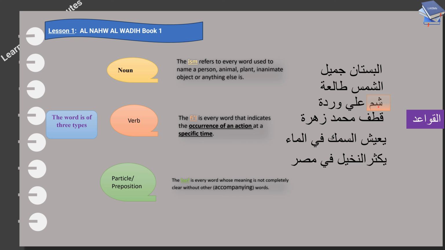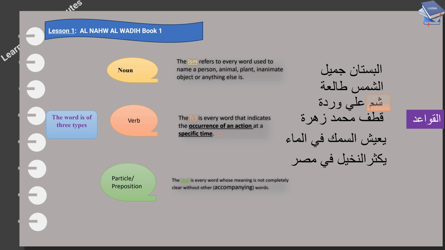Yes, شم علي وردة. Here we have شم, occurrence of an action. As you know, it's to smell. So Ali smelled a rose. So something has happened. And it also shows specific time.